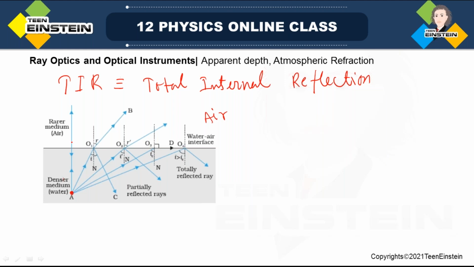Whatever angle of incidence you take, the angle of refraction will change, that we have discussed. Now look, what we are trying to mean over here.